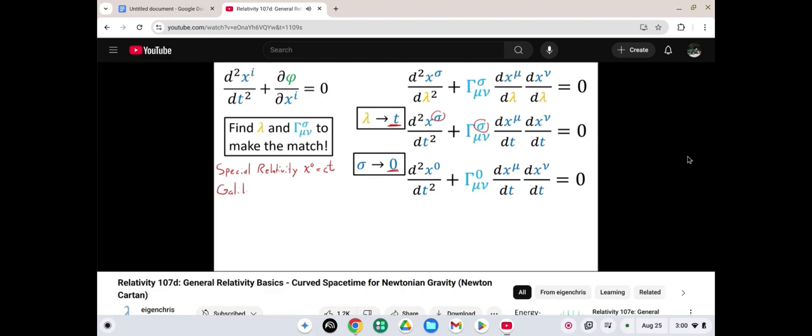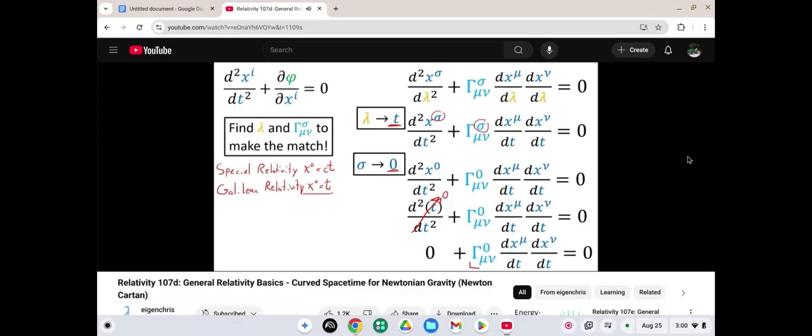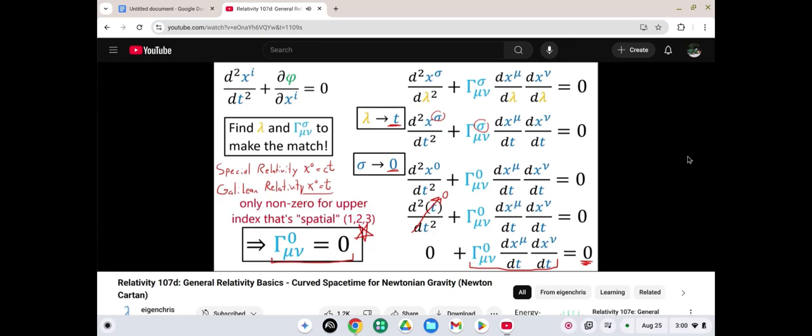But since we're dealing with Newtonian gravity and Galilean relativity, we're going to say that the x0 coordinate is just the standard time coordinate t, without the factor of the speed of light. So the second derivative of t with respect to t is just 0. Since this term is always equal to 0 regardless of the spacetime coordinates, this implies that the connection coefficients with 0 as an upper index must always be 0. So the upper indices for the connection coefficients are only non-zero for the space components 1, 2, 3.